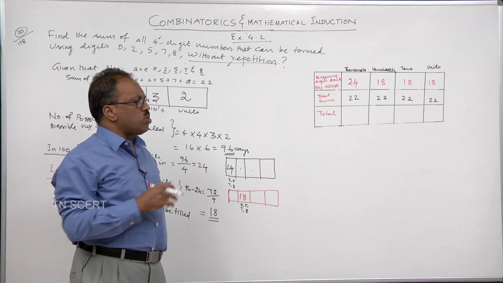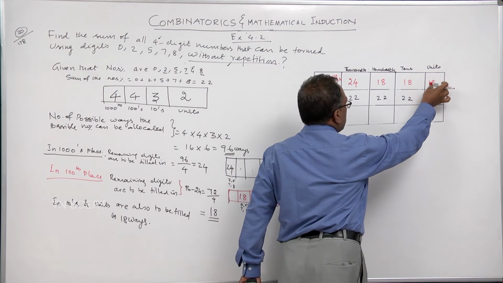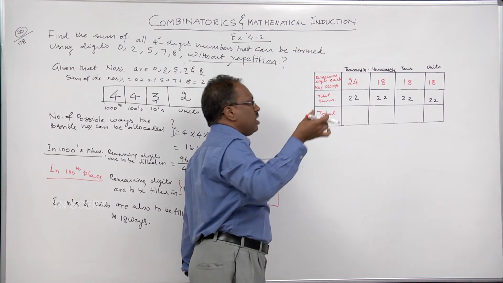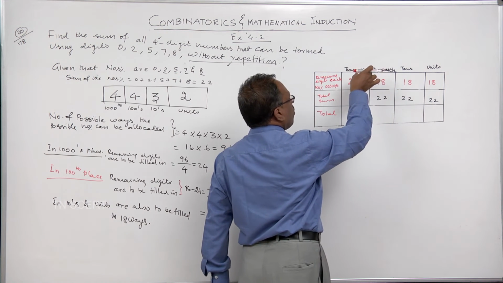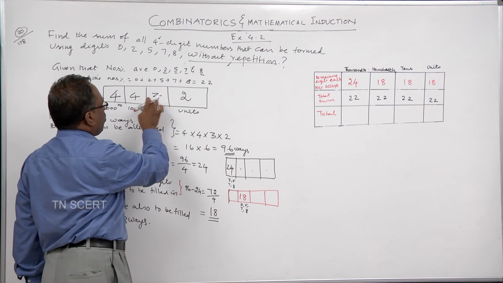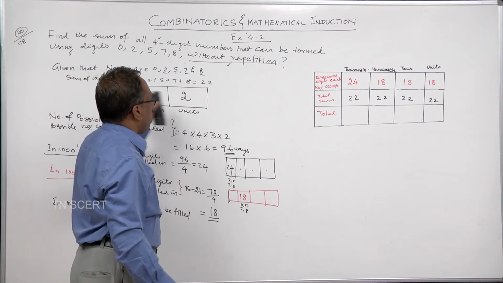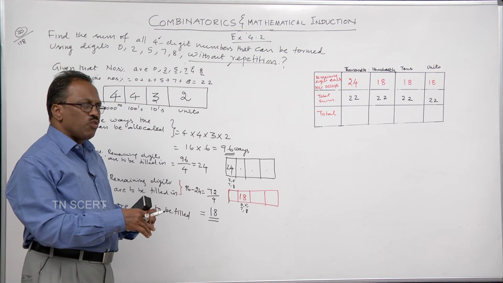So these are the columns to be filled up. Remember the unit place is 18 because the remaining 4 numbers, and here again 3 numbers, again 4 numbers. I have allocated 4, 4, 3, 2. I have just shown you how it is designed, and it is easy for you to understand.